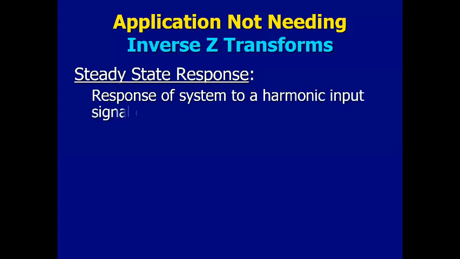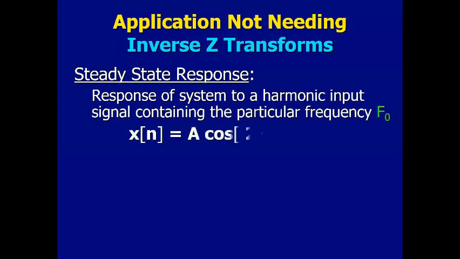But first, let's look at the applications that we can do with our current knowledge of the Z-transform. One that we found the DTFT was quite adept at was finding steady state responses. If I put in a discrete time signal that was a cosine or sine of some particular frequency, F0, maybe with some phase and some magnitude, we knew that if we had the frequency response available, all we had to do was evaluate that frequency response at the particular frequency we were putting in.